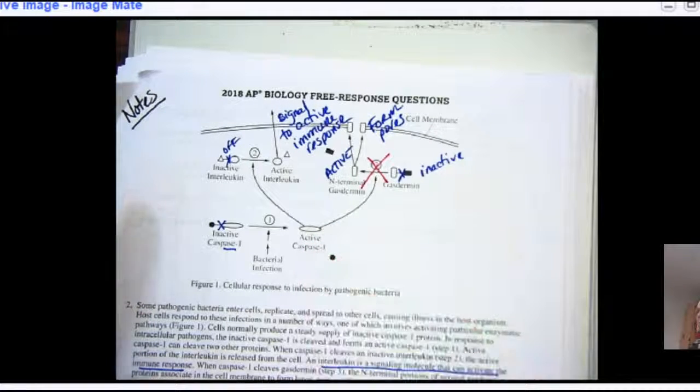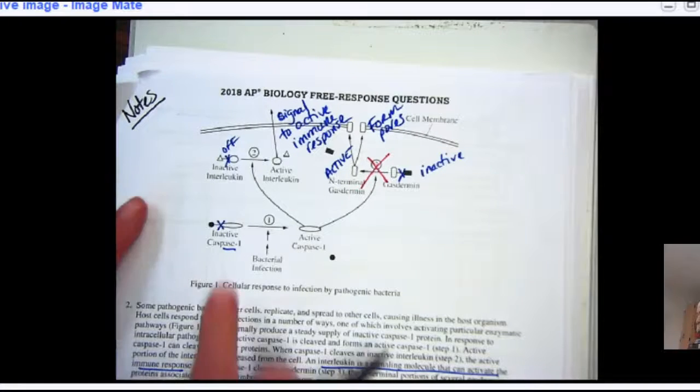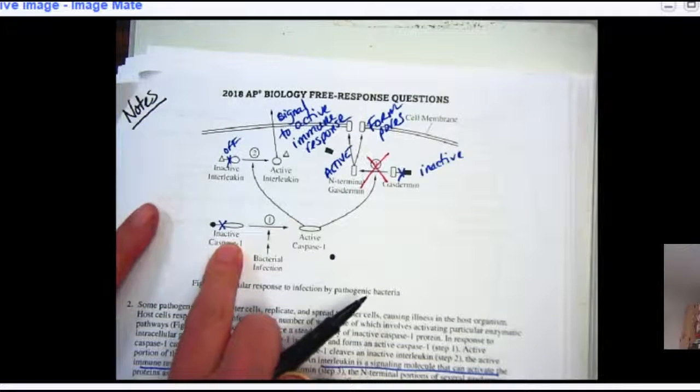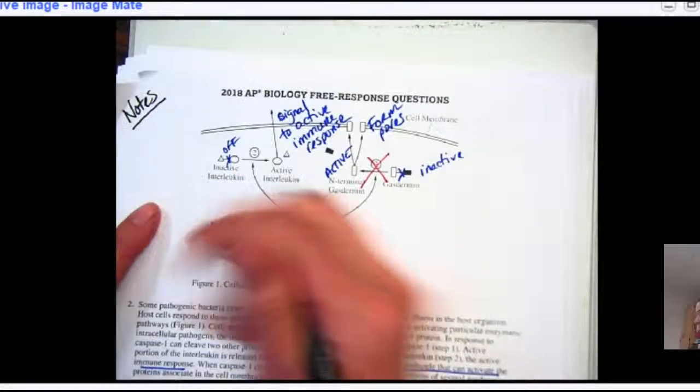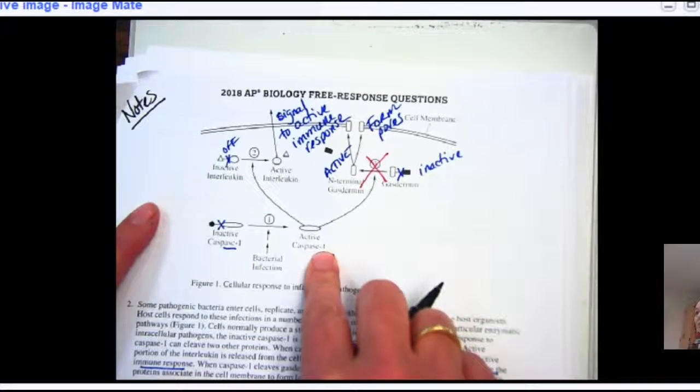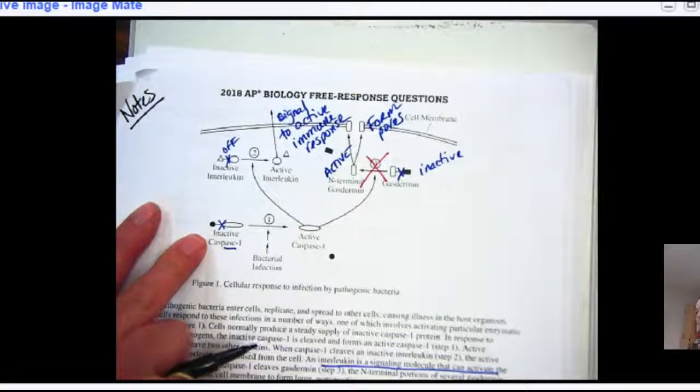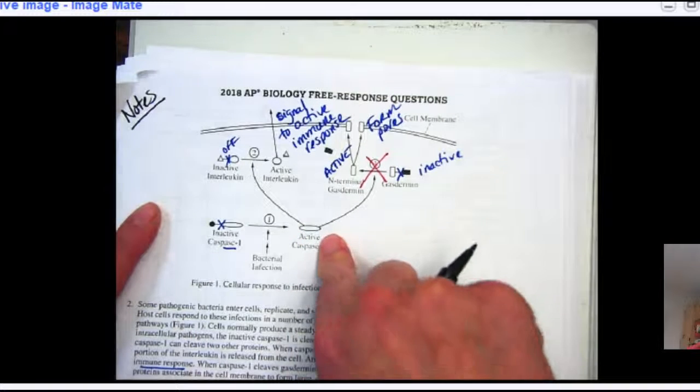Right, what's the theme that we always need to talk about with molecules, whether it's an enzyme or something else? We changed its shape and now it can function. So by cutting off or cleaving the inactive Caspase, we changed the shape of the enzyme, so now it's in an active shape or an active conformation.